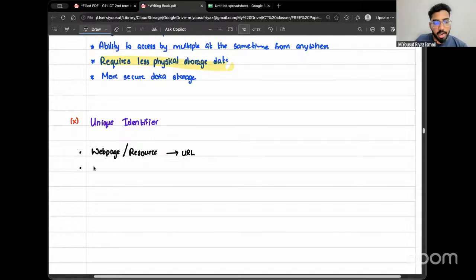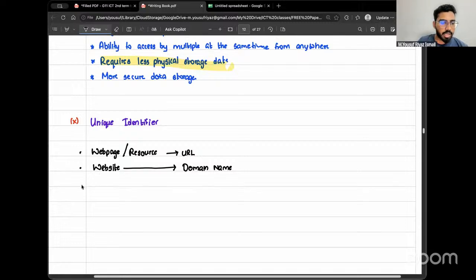Then to uniquely identify websites on the internet. A website contains a collection of web pages. So to uniquely identify a website, what do you use? For example, if I ask you to go to the YouTube website, or the Master Online website, or Google, how will you identify them? Correct. Every website has a unique domain name, so using the domain name you can identify those websites.